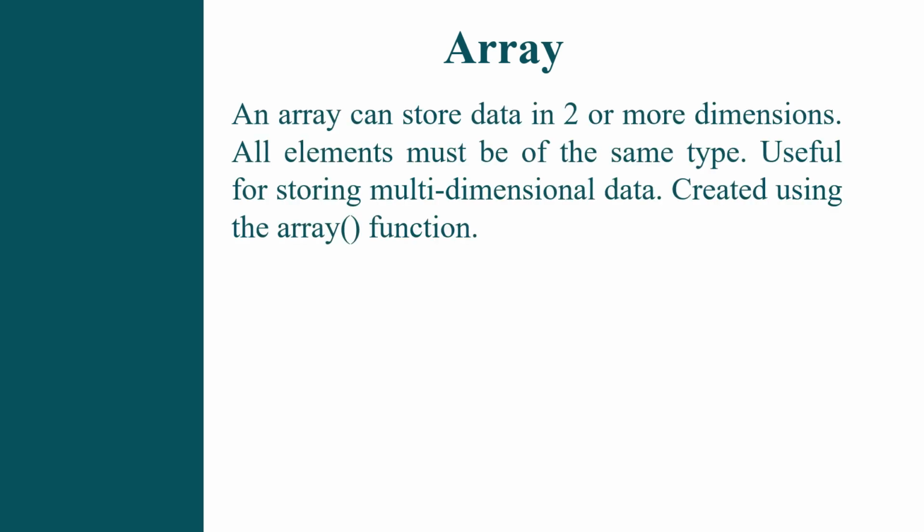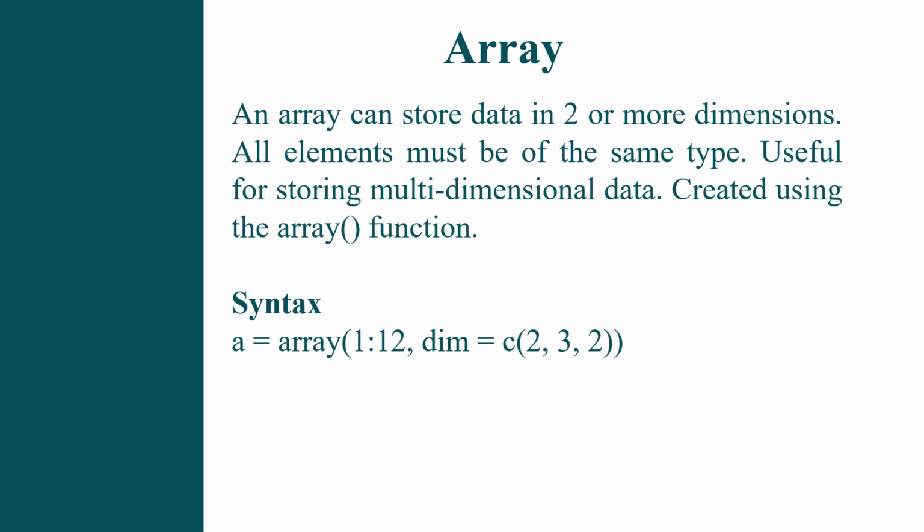So next is the array. An array can store data in 2 or more dimensions. All elements must be of the same type. It is useful for storing multi-dimensional data. An array can be created using the array function. Similarly, I will write a equal to the array function, and then I am generating a sequence of 1 to 12, and then I am defining dimensions.